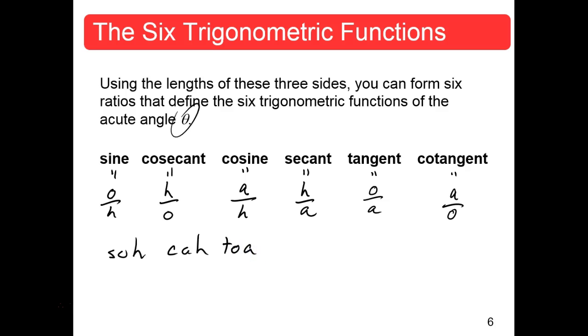And frankly, when I say SOH CAH, I can't tell which is the O and which is the A. So I have to know which is adjacent, which is hypotenuse. So that was no help to me. But this is sine is opposite over hypotenuse, cosine is adjacent over hypotenuse, tangent is opposite over adjacent. He found the TOA makes sense. The SOH CAH, I have to say, wait, is that an A or an O?